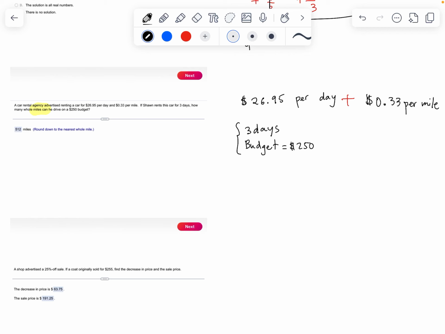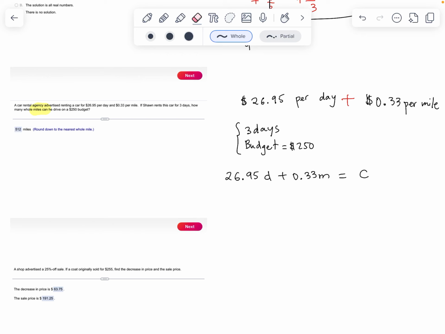In order to find how much Sean owes, we set the equation as $26.95 multiplied by the number of days, which I represent with the letter D, plus 33 cents multiplied by the number of miles. Then the total will give me the total cost. You see that?